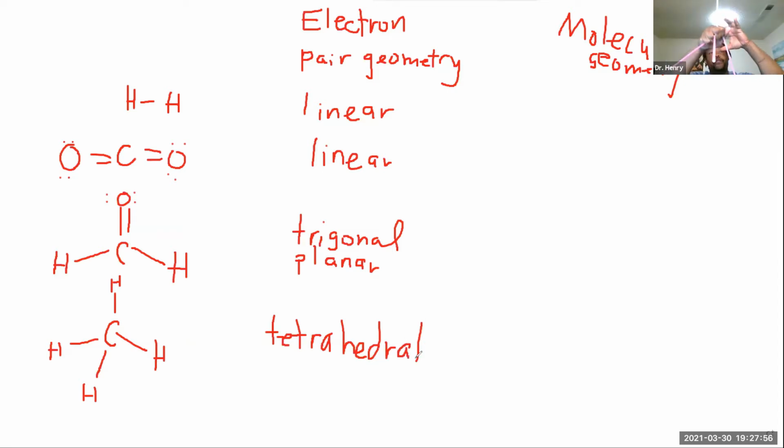Okay, because when we're talking about electron pair geometry, we're talking about electron pairs and atoms that are attached, even though these guys only have the atoms that are attached. So the molecular geometry would be exactly the same. For the hydrogen gas, that would be linear.